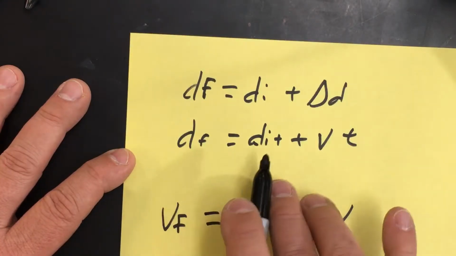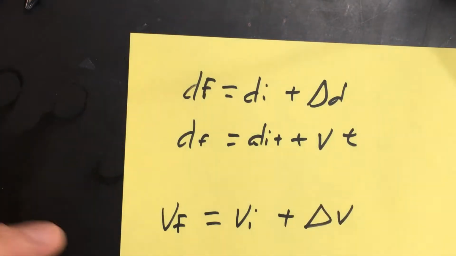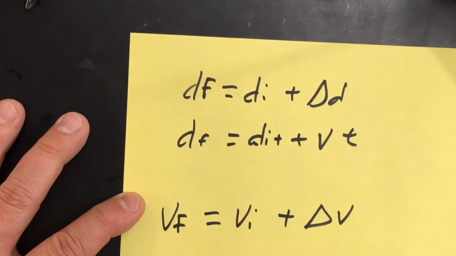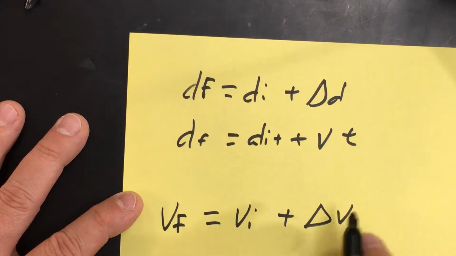In the distance equation, the final distance is initial distance plus velocity times time. The final velocity is equal to how fast it was going to start with plus how much it changed. Well, the rate at which velocity changes is called acceleration.